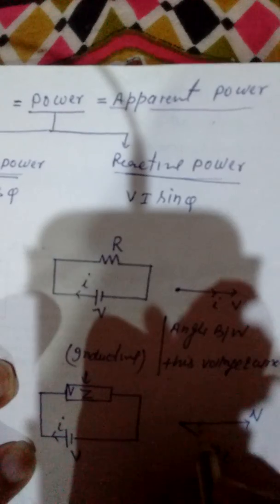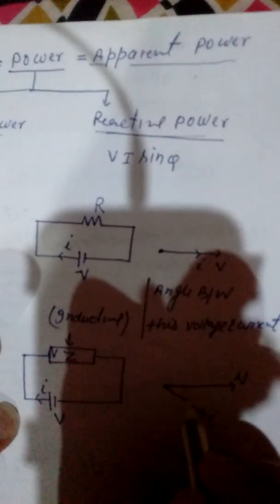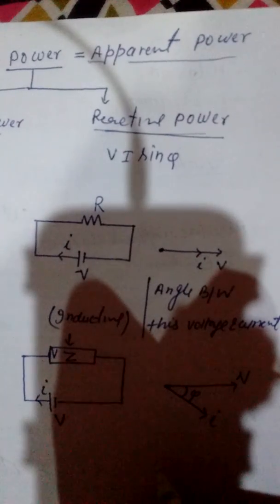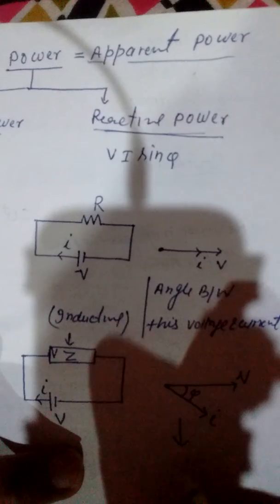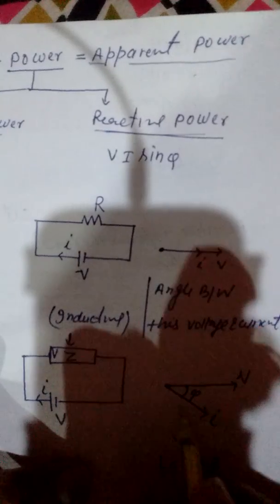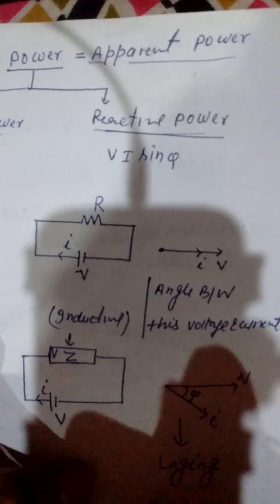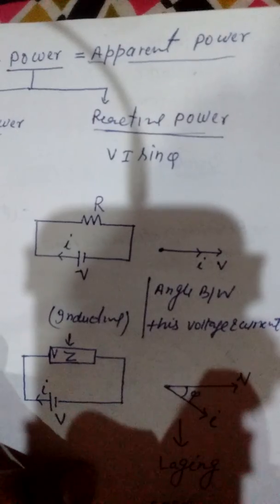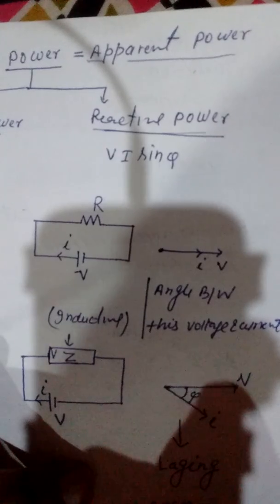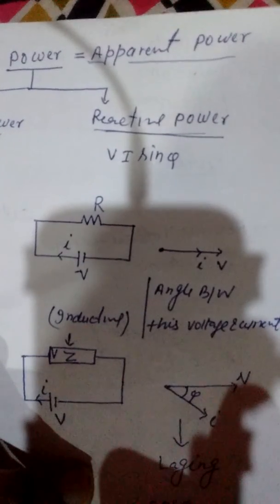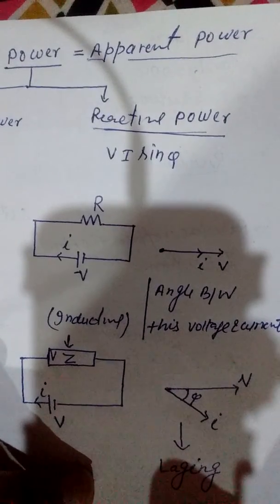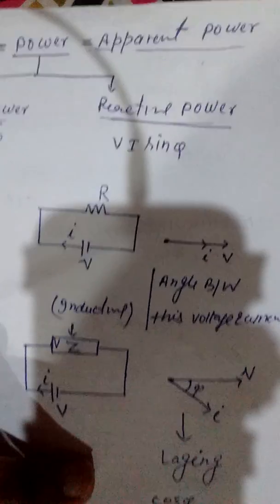This is I, and this angle will be phi. This case is known as the lagging case, and this cos phi is known as the lagging power factor.